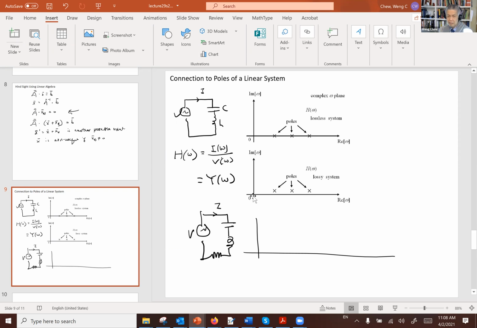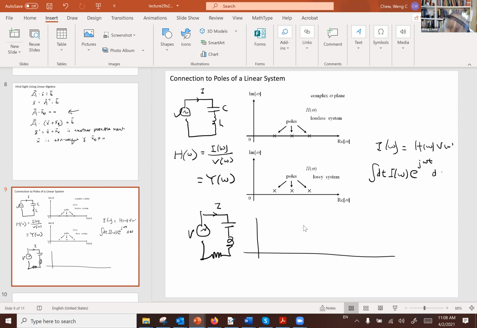complex plane. And if you now define a Fourier inversion contour, if you were to say you want to find, say, I of omega, which is equal to H of omega, V of omega, and if you want to find this in the time domain, you would do this, e to the j omega t, d omega.